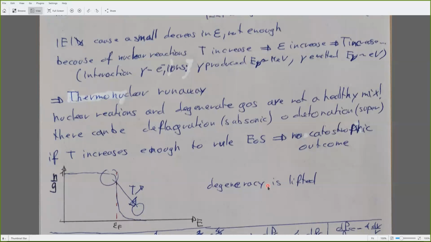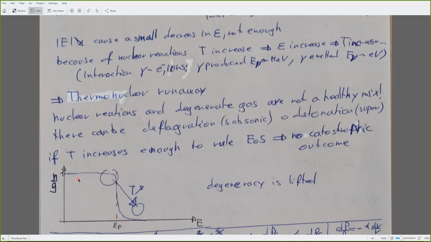Some terms can still depend on it. This is because in perfect degeneracy, at absolute zero, the distribution is a square: it is populated perfectly up to the Fermi energy, then drops to zero.